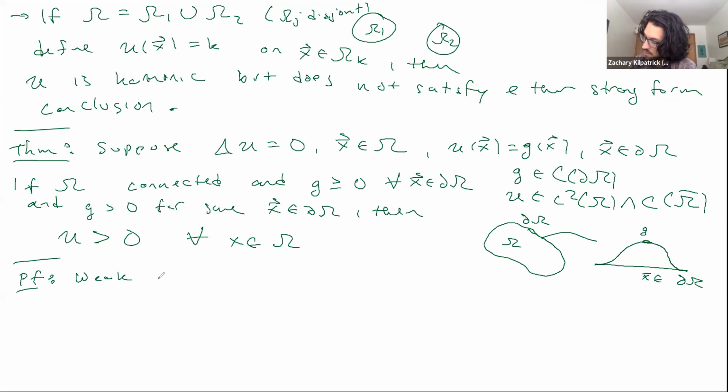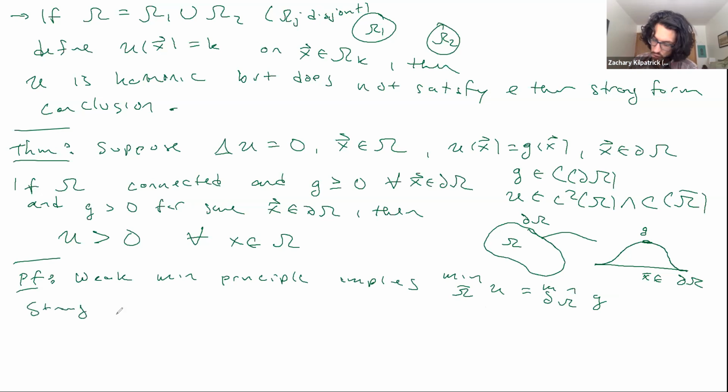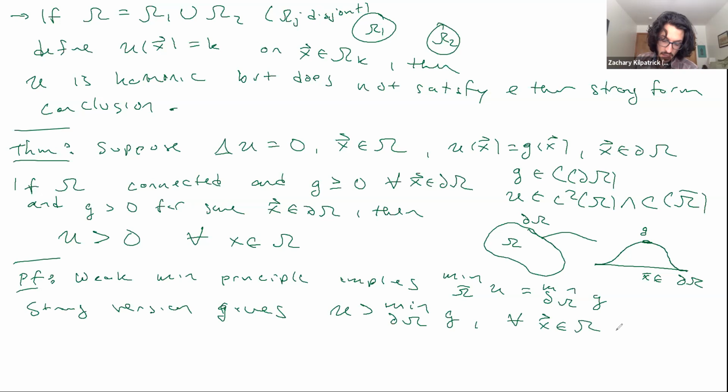So essentially, the weak maximum principle implies that the minimum over the closure of omega of U is equal to the minimum on the boundary of G. The strong version of the minimum principle gives us that U is strictly greater than the minimum of G for any x that lives in the interior of omega, okay?